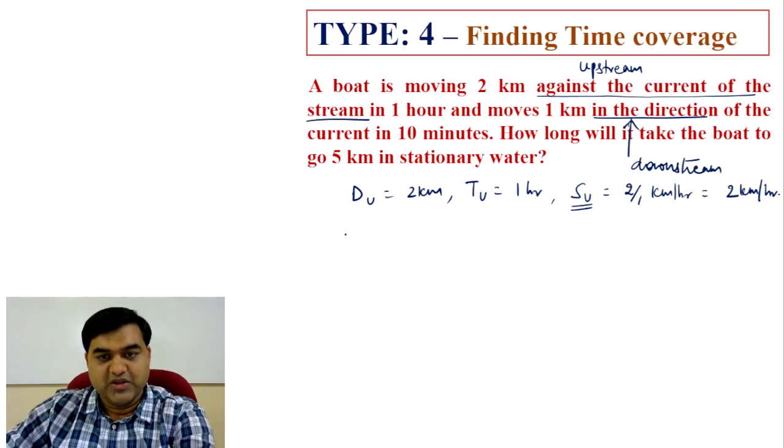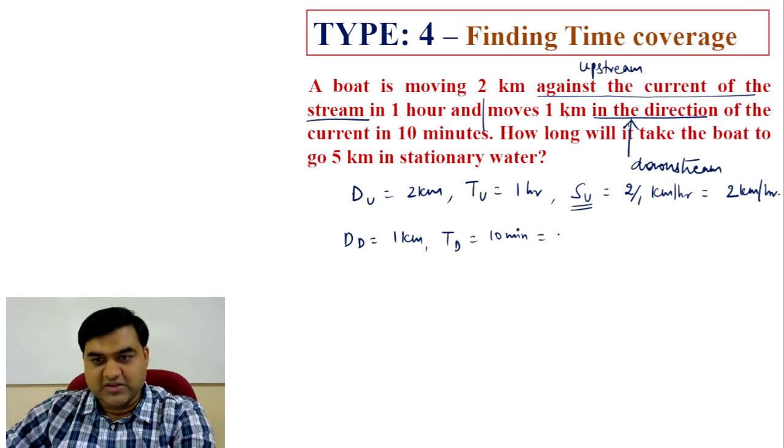Now distance traveled downstream is also given. How much it is? Okay, and from here moves 1 kilometer, right? 1 kilometer. Time downstream is given in 10 minutes. 10 minute means what?